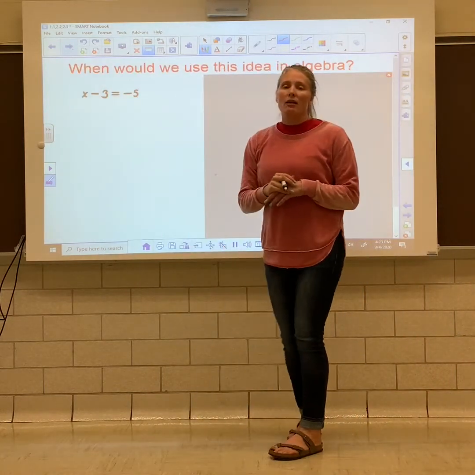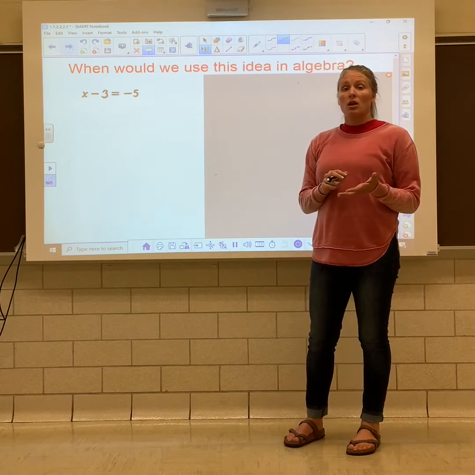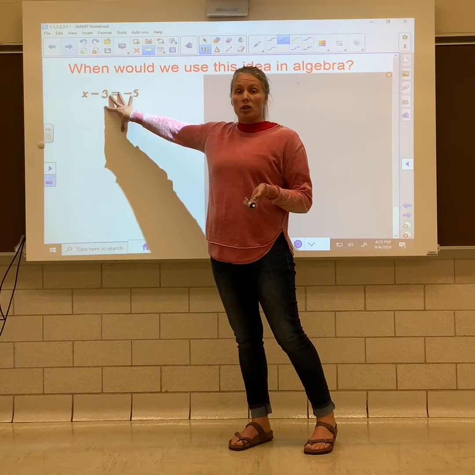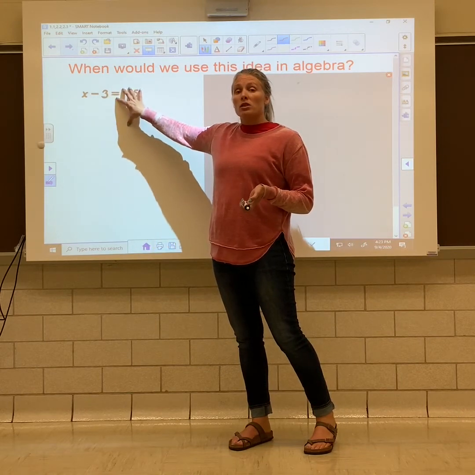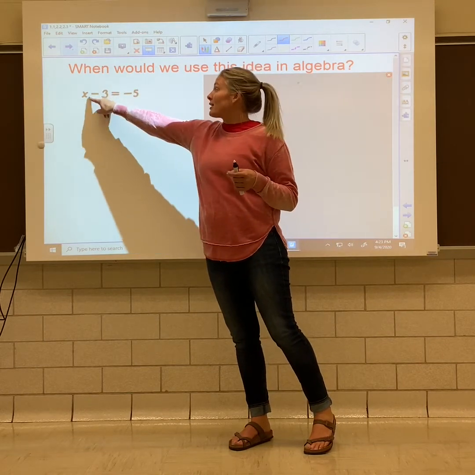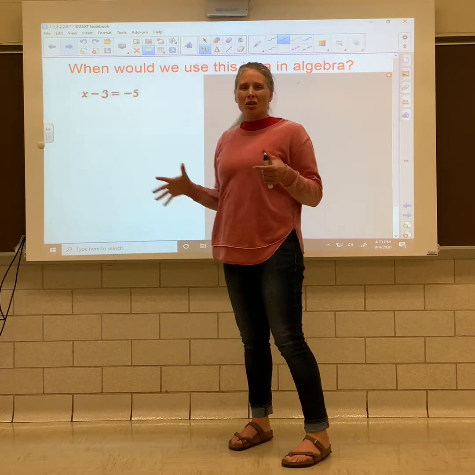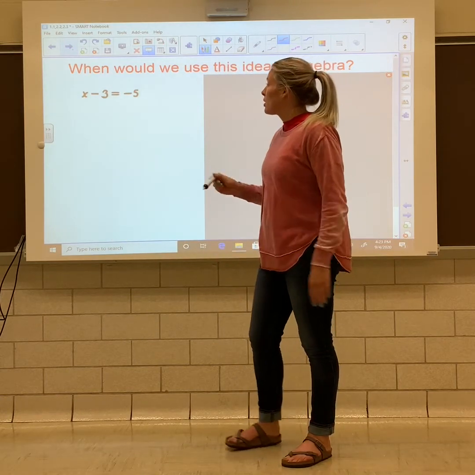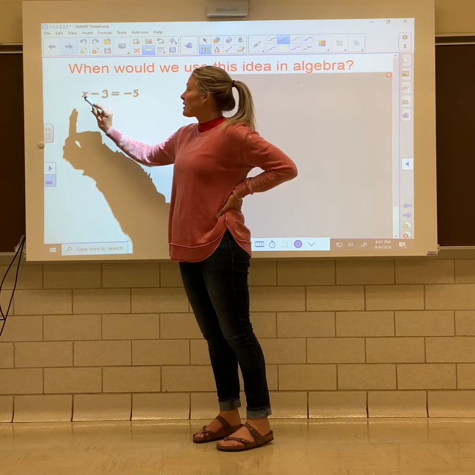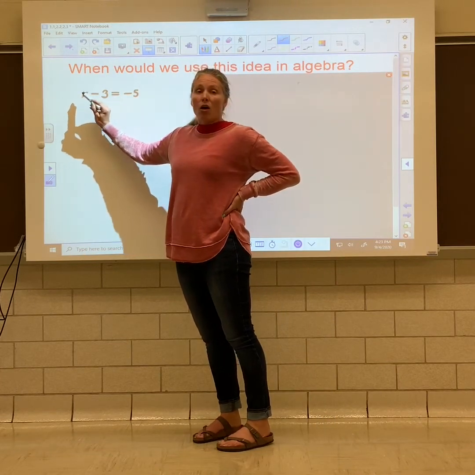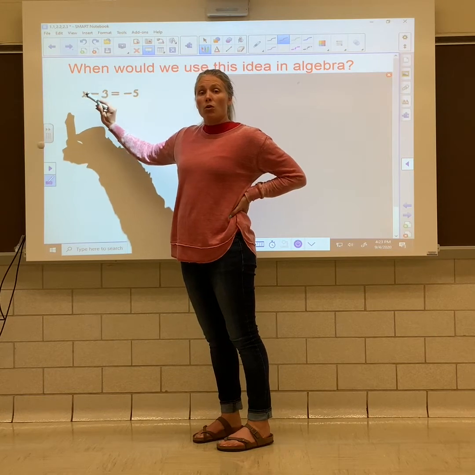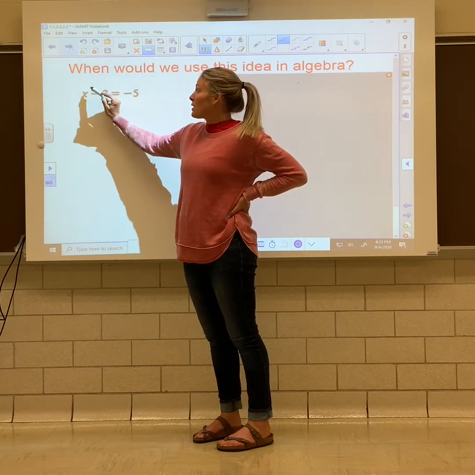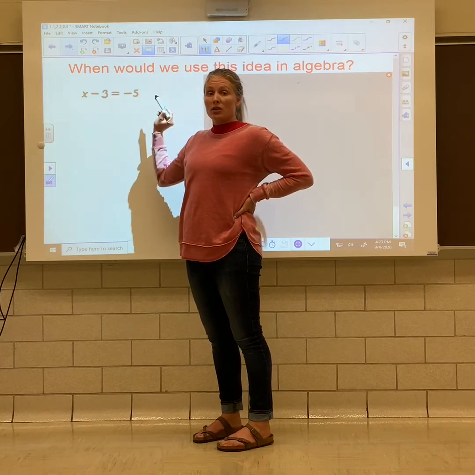So when are we going to ever use this in algebra? We're going to need to do this in order to solve equations. When we solve equations, our goal is to isolate the variable. Usually we think of a variable as x, but it can be any letter. So my job is to isolate x, to get it all by itself. In order to do that, I need to move this 3 that's being subtracted to the other side.